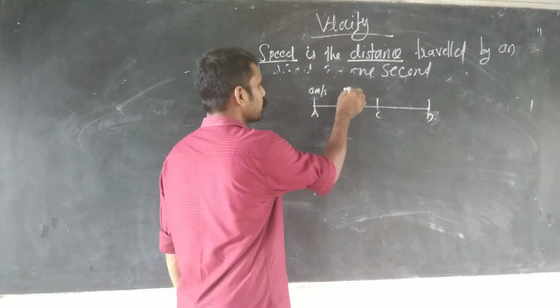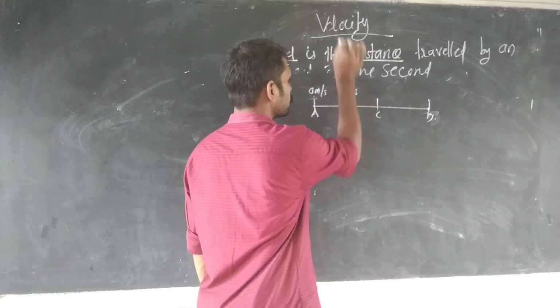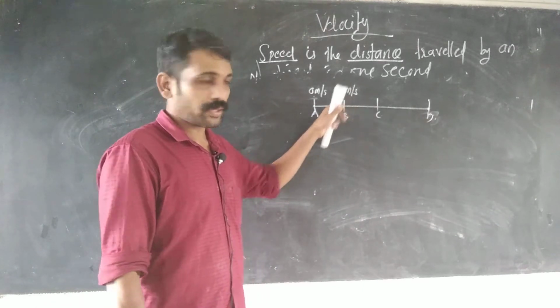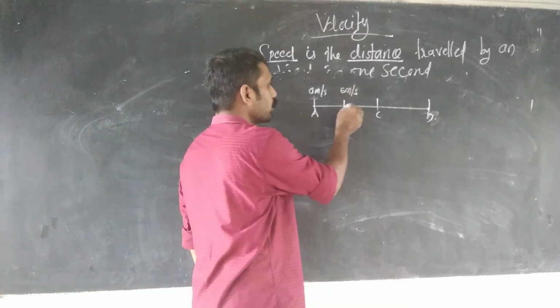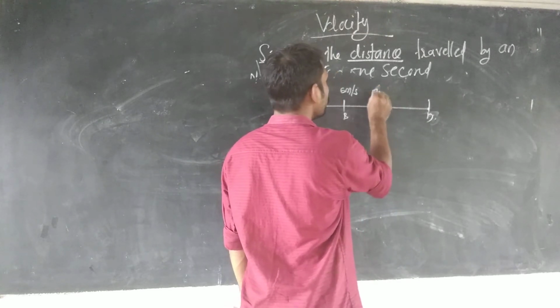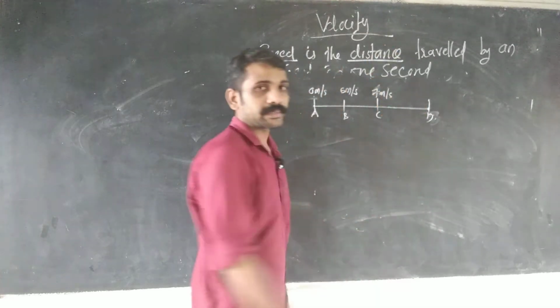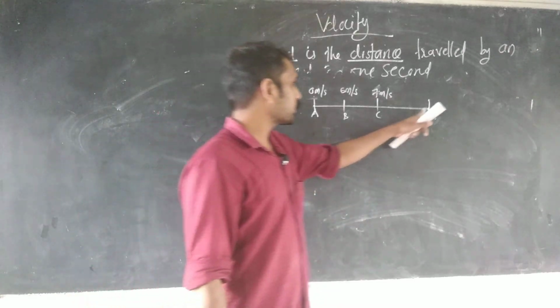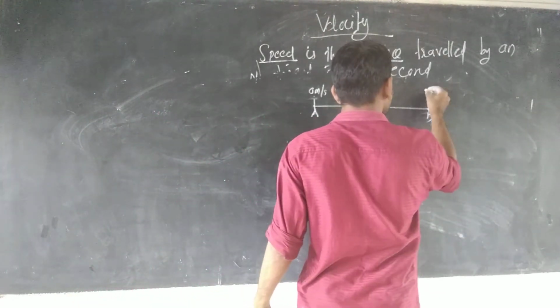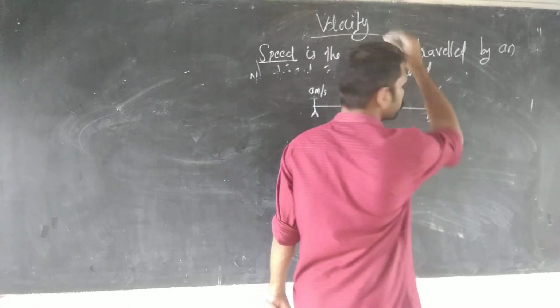On reaching B, its velocity is 5 meter per second. Velocity is increased by 5. On reaching C, its velocity is 7 meter per second. On reaching D, its velocity is, suppose, 8 meter per second.